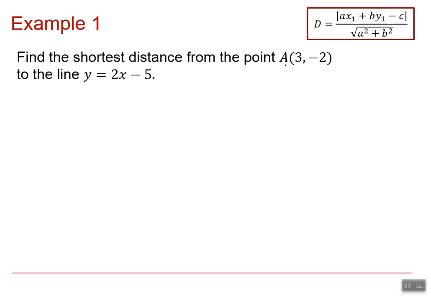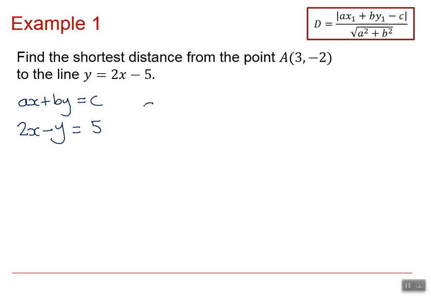Okay, so here's an example. Find the shortest distance from the point (3, -2) to the line y equals 2x minus 5. Now if you remember, we need to have our line in the form ax plus by equals c. So we're going to rearrange this to be 2x minus y equals 5.